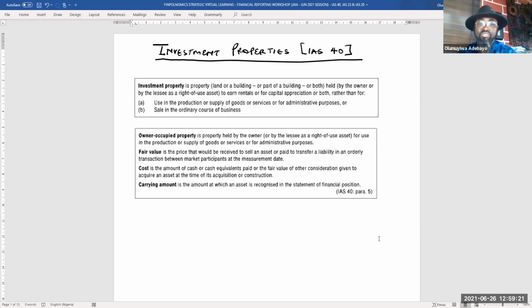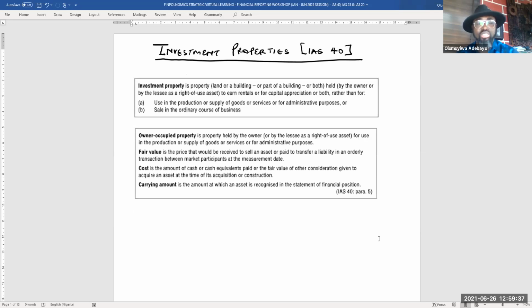This speaks to the fact that fair value is a price that reflects what it is at the time you are measuring it, which for accounting purposes is usually the reporting date.